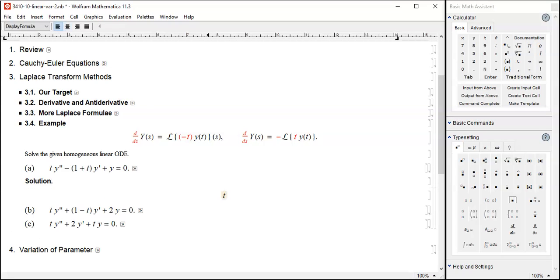Okay, here we go. t y double prime minus (1 plus t) y prime plus y equal to 0. Now, this is about the Laplace transform method, so I have to take the Laplace transform, but before that, I have to break up this parenthesis. I'll tell you why in a moment.